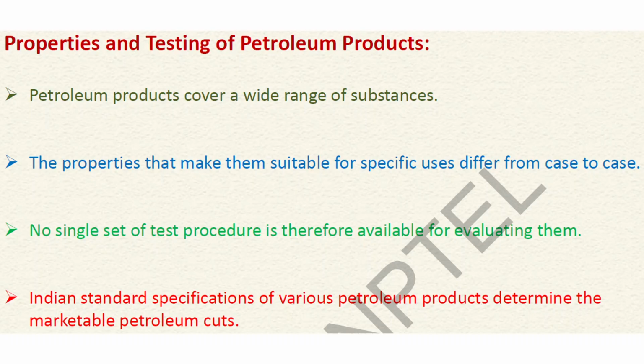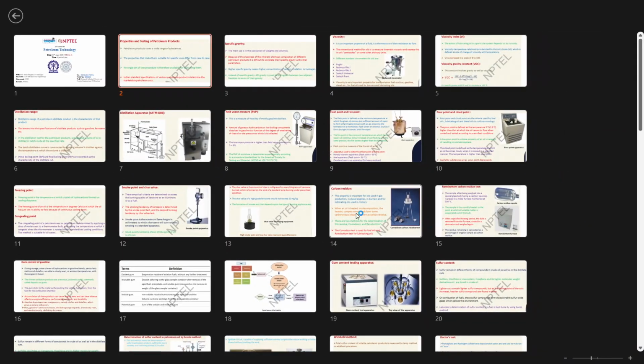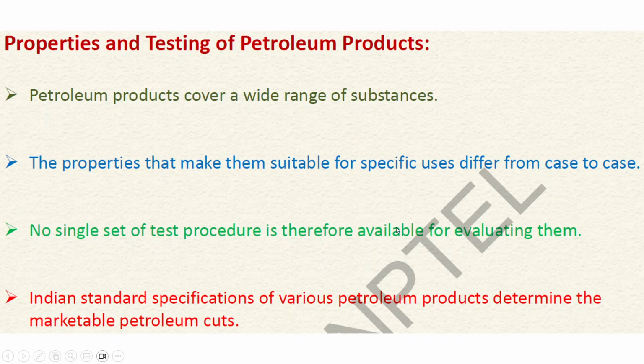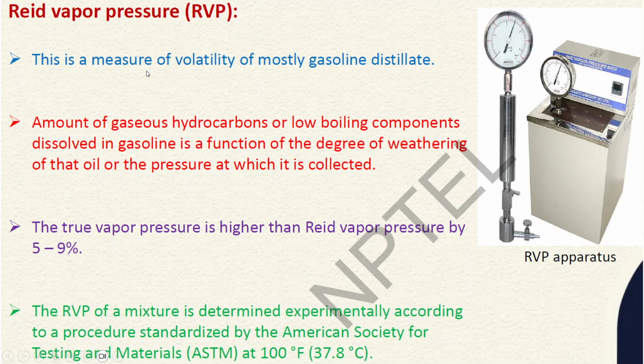The petroleum products cover a wide range of substances, so the properties that make them suitable for specific use differ from case to case. Depending on the application, different petroleum products are used in a different manner.